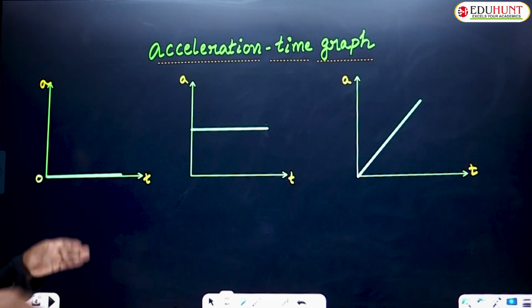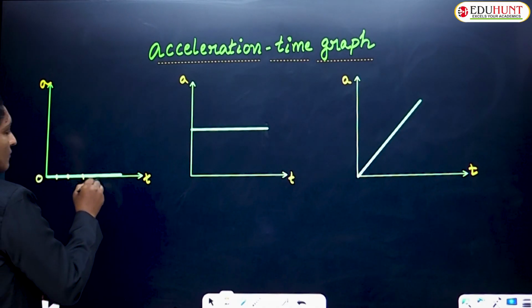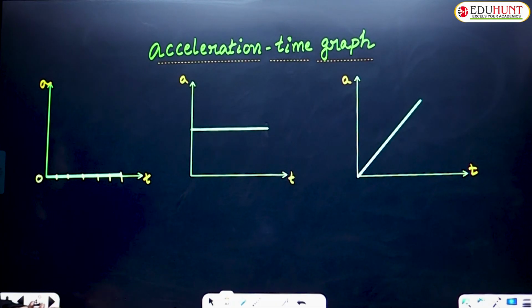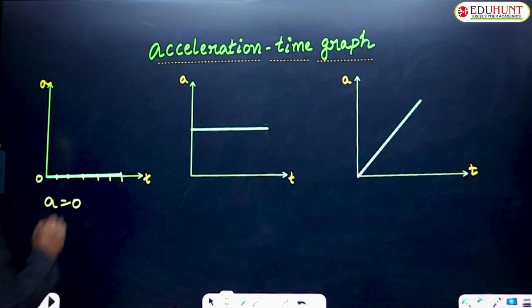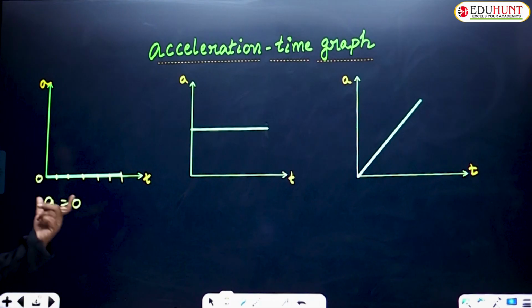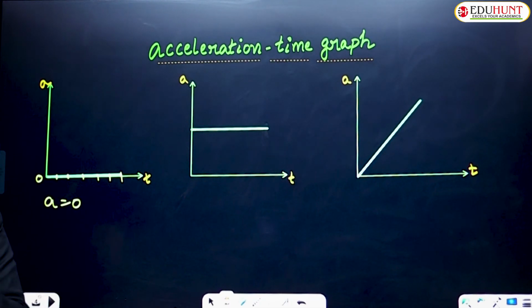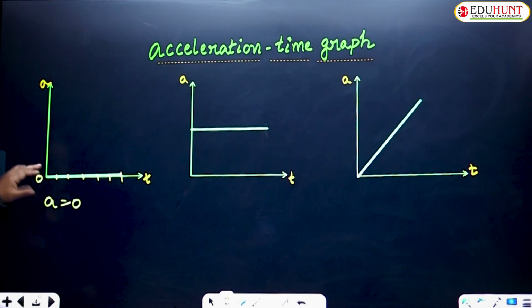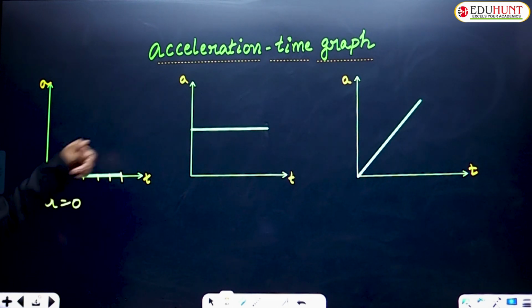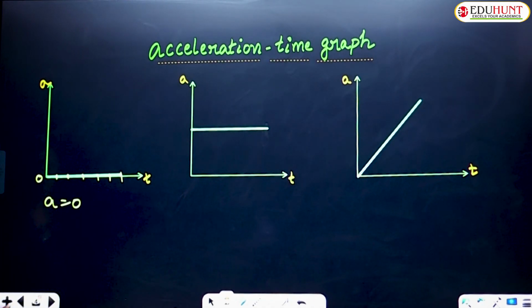If you consider 1 second, 2 seconds, 3 seconds, 4 seconds, 5 seconds, at any time the acceleration is found to be 0. So it's not accelerating, the body is moving with uniform velocity. Whenever acceleration is 0, the body is found to be moving with uniform velocity. So whenever the acceleration time graph coincides with the time axis, acceleration is 0.